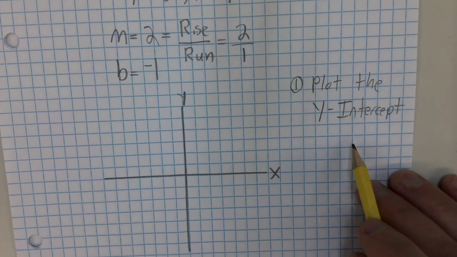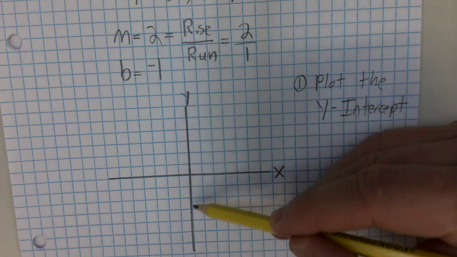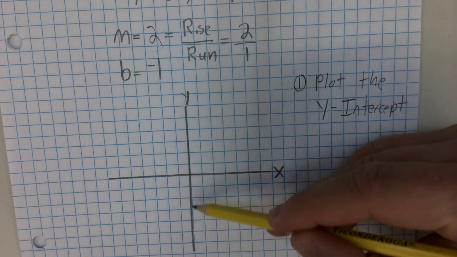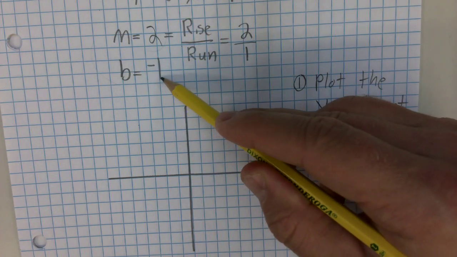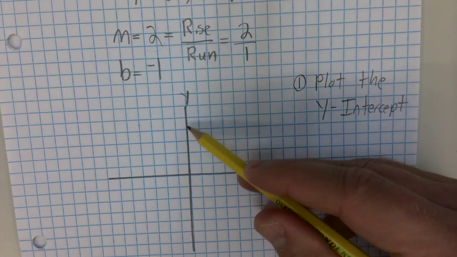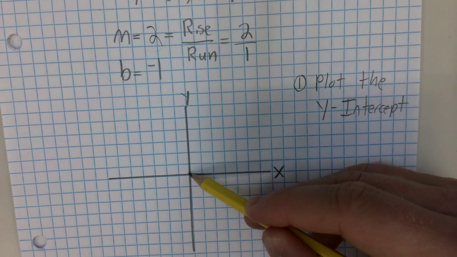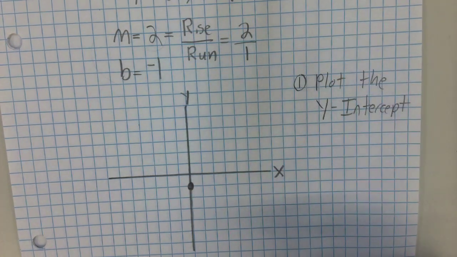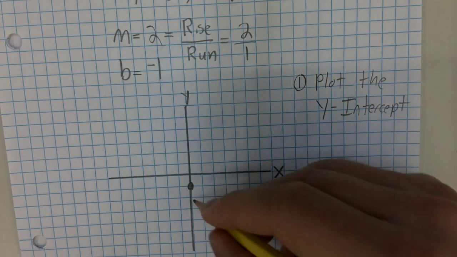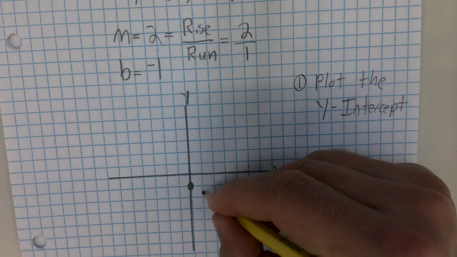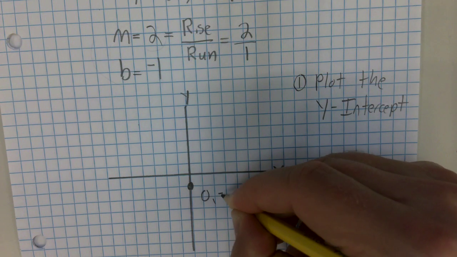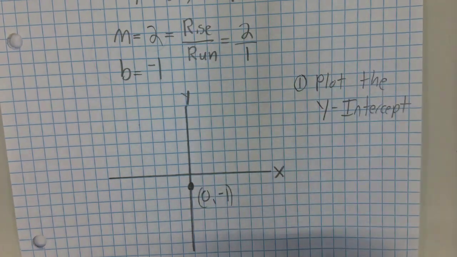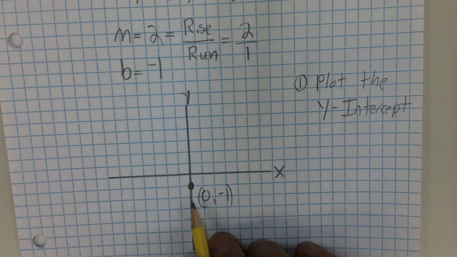Now the y-intercept, remember, is where that line crosses the y-axis. So we need to find where it crosses at negative 1. Well, here's my y-axis. I'm going to go into the negative world one step. And there's negative 1 on our y-axis. And it's going to be 0, comma, negative 1. There's the point on our y-axis.